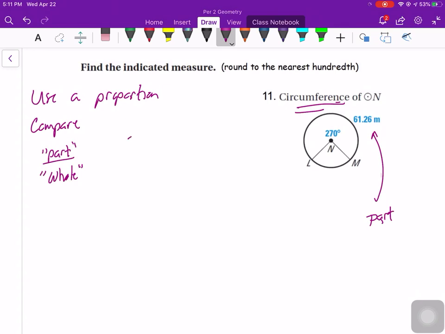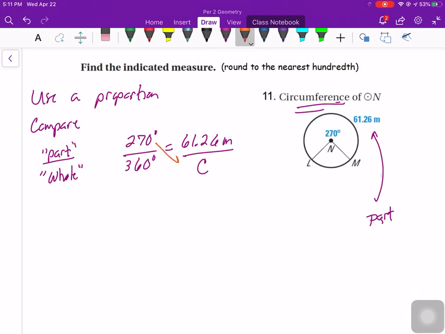To begin with, the degrees in the part, 270. The degrees in the full circle, 360. The arc length on the part, 61.26 meters. We're looking for the entire circumference.